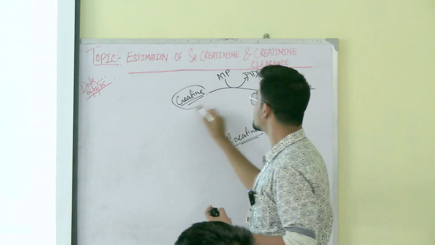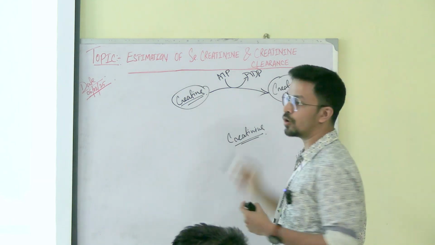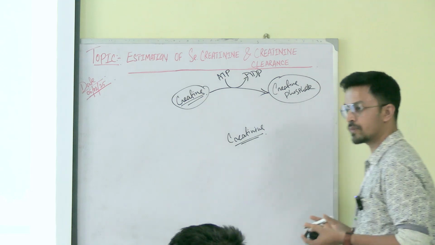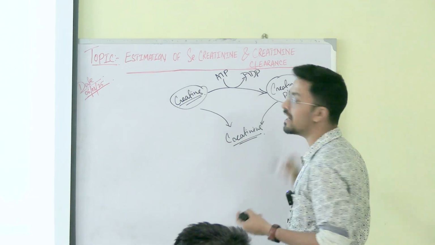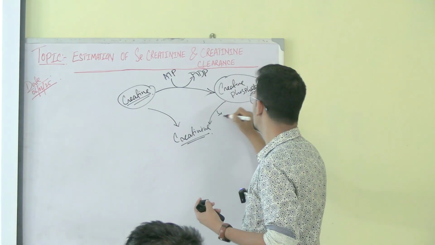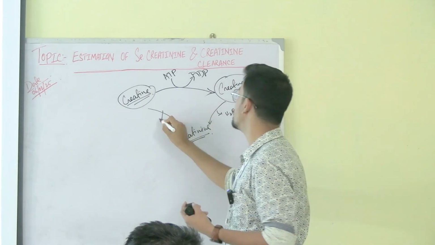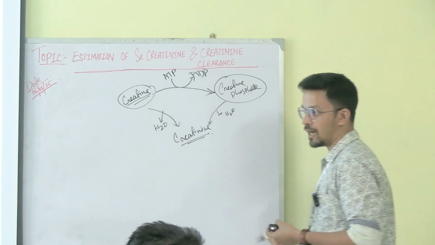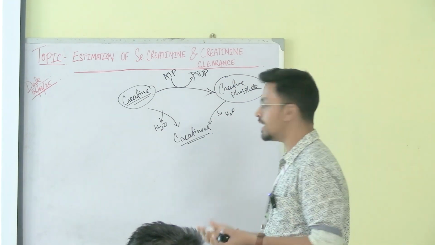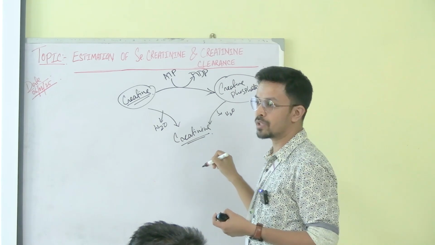Now both these things get stored in our muscle and get used up in the muscle, and they get dehydrated. Dehydrated means they lose one molecule of H2O. Once they lose the H2O, they form creatinine.